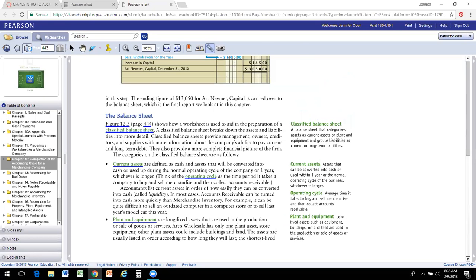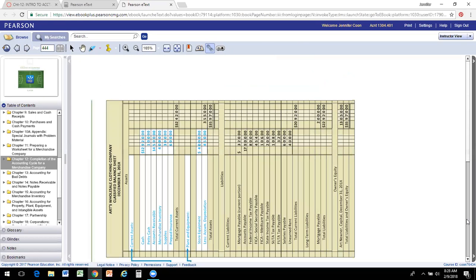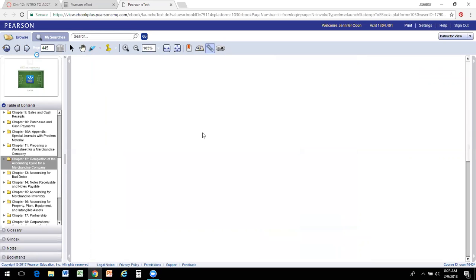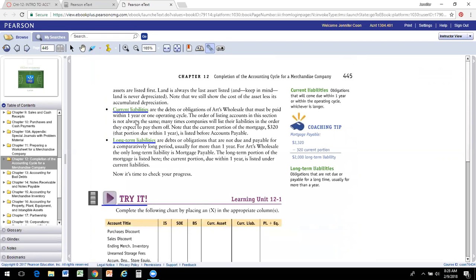Then we also have what's called current liabilities and long-term liabilities. Let's get to that page so you can see it. Same thing with the breakout: a 1 year period or longer than 1 year. So current liabilities, which I'll abbreviate CL, and then long-term liabilities.